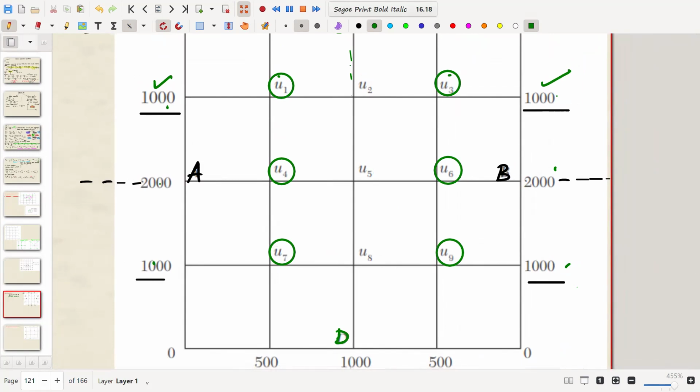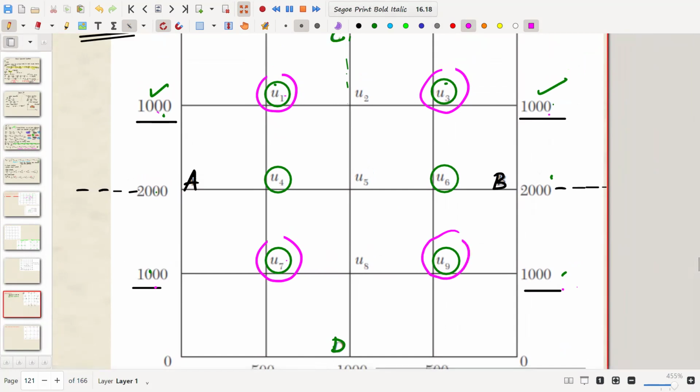Now, when you fold across AB, let us mark with pink. 1000 is equal to 1000, so U1 should equal U7, and U3 should equal U9. Are you getting the idea? That's how you can solve it. And then you use the final diagonal 5-point formula. If you can find these formulas, you can find U5.